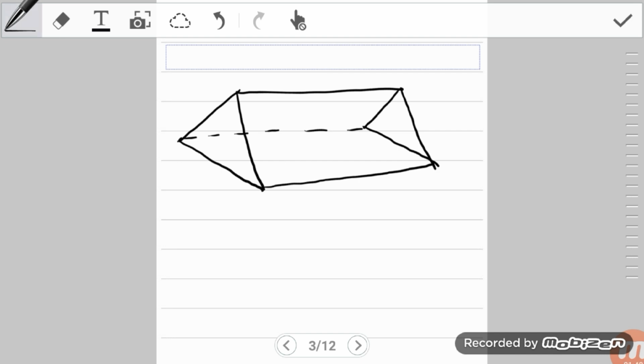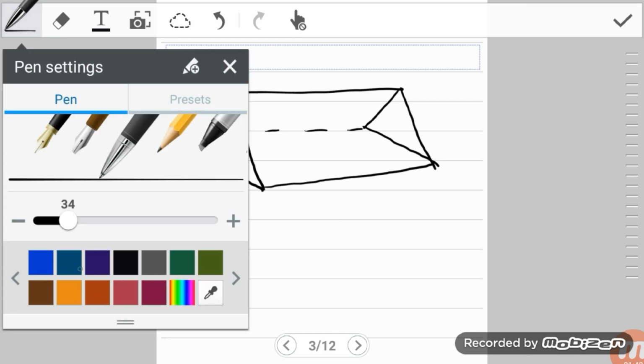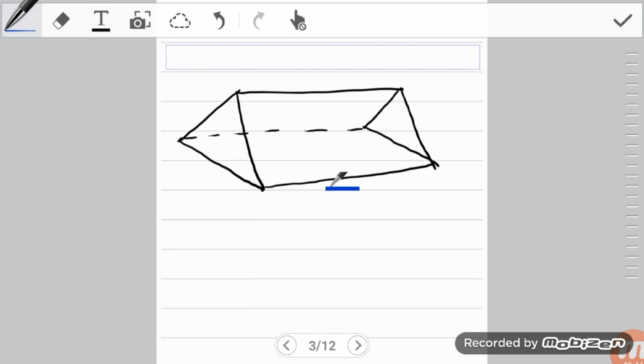And so what was told to us is that it has a length of 21.5 centimeters, and it also had cross-sectional dimensions of 8.5, 6.8, and 3.4 centimeters.